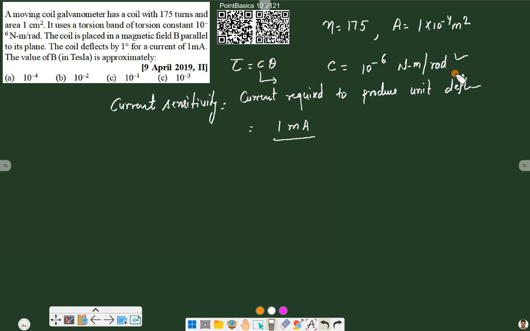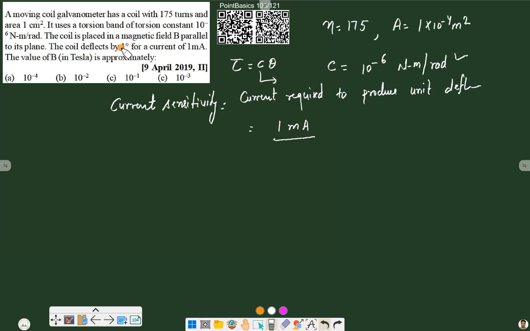So we have to either convert this radian into degree or convert this degree to radian. By default, when you do a physics question, you go by radian, because degree is not the SI unit.